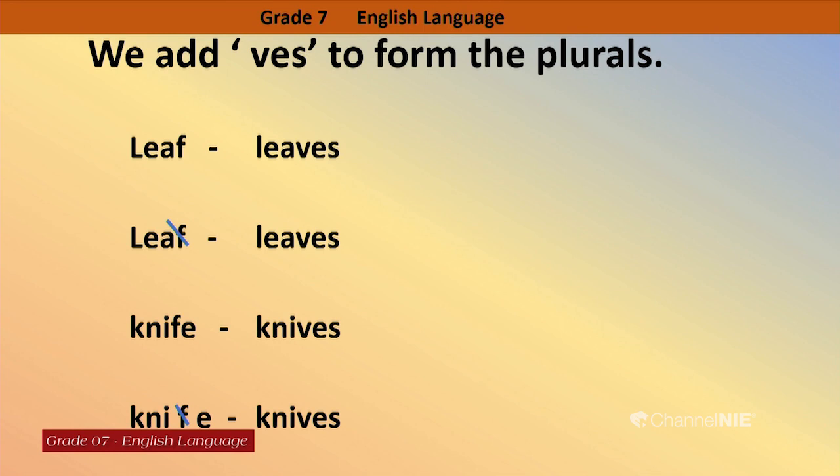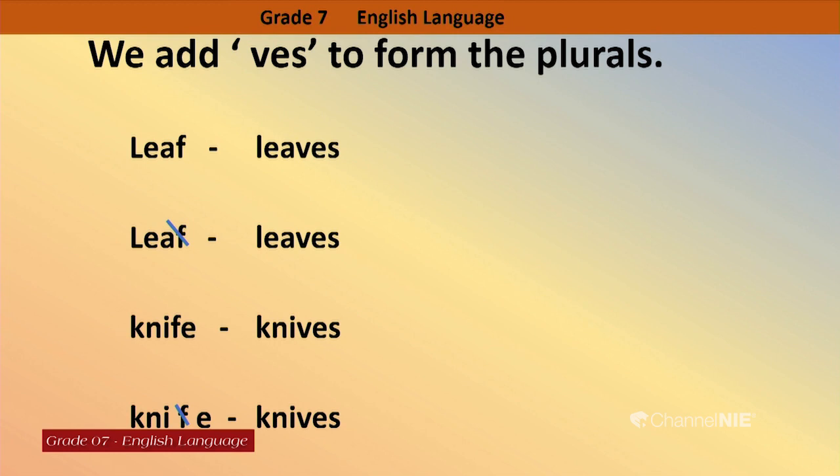You can see that I have cut F. LEAVES. Instead of F, we add VES. When you make this word into plural, we omit F and add VES.